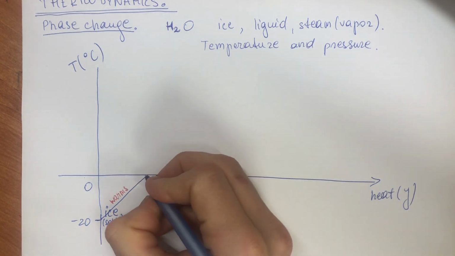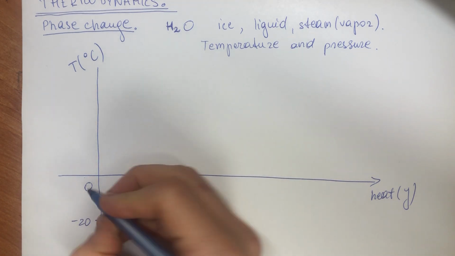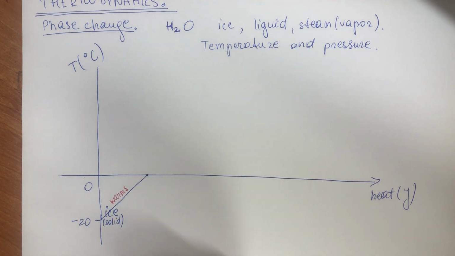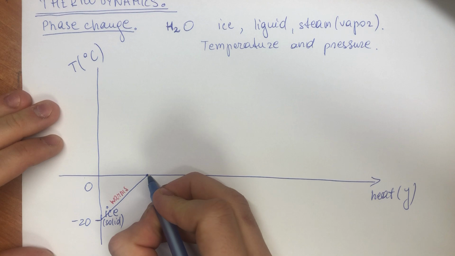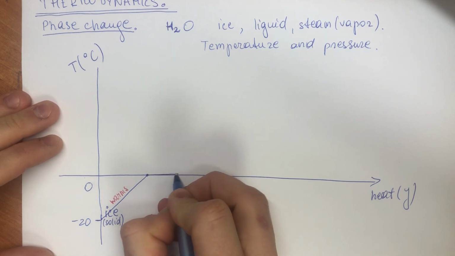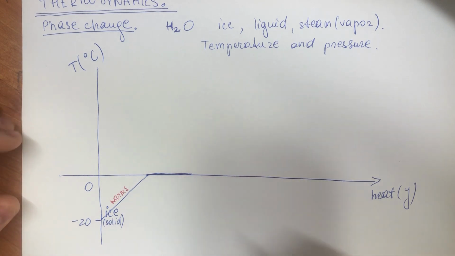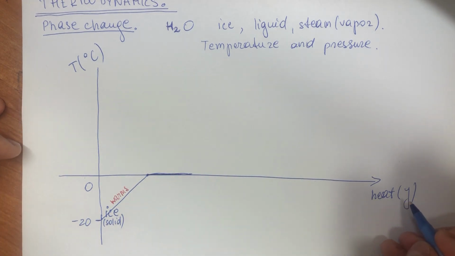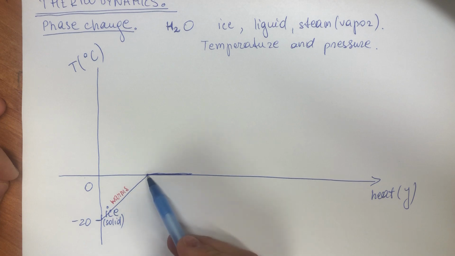When we reach temperature 0 degrees Celsius, we are giving heat, but the temperature of the ice doesn't increase. Instead, this heat is used to break the bonds between the ice that was warmed to 0 degrees.